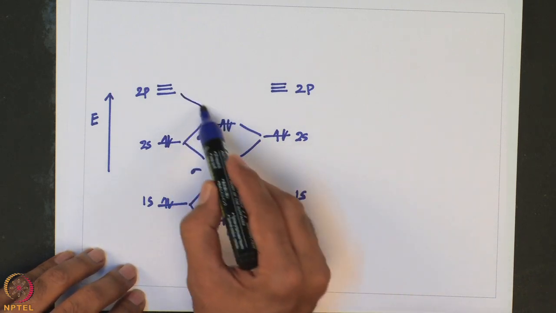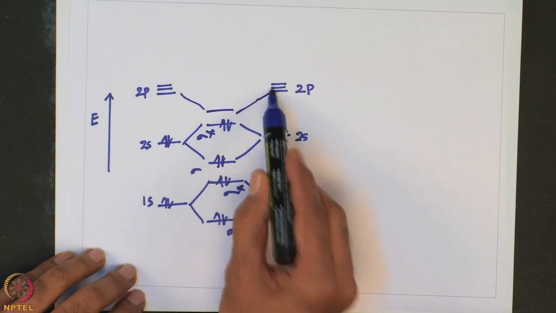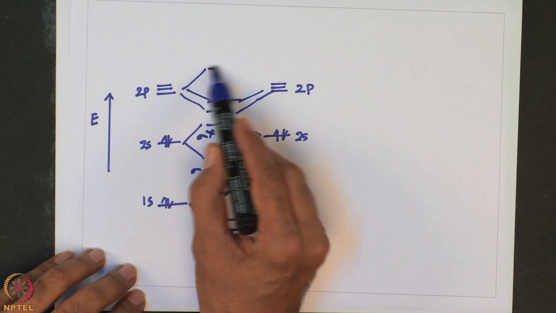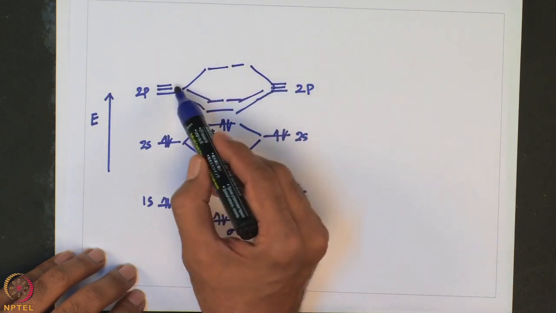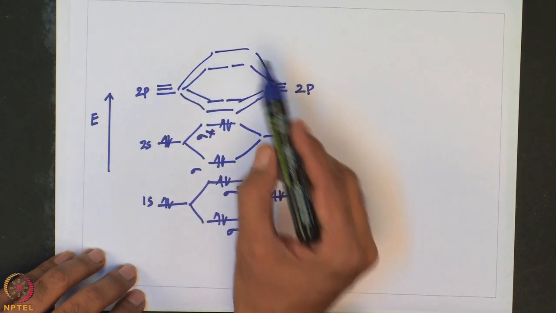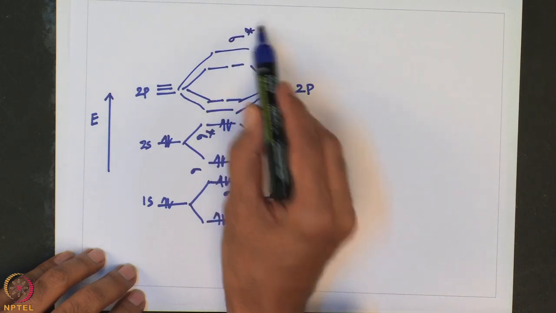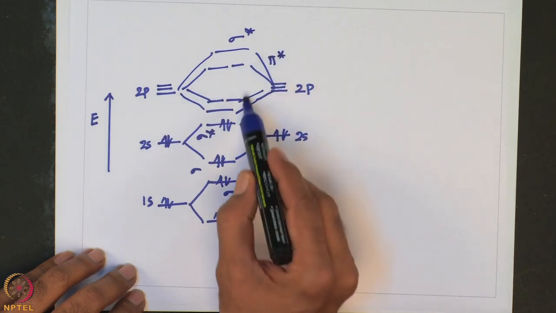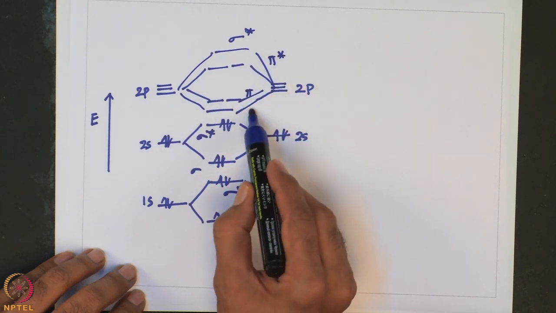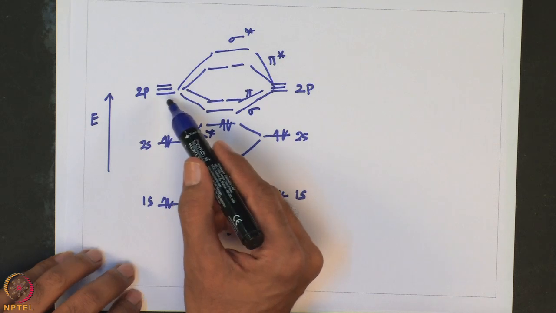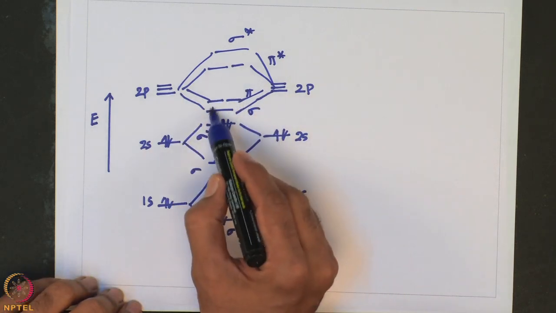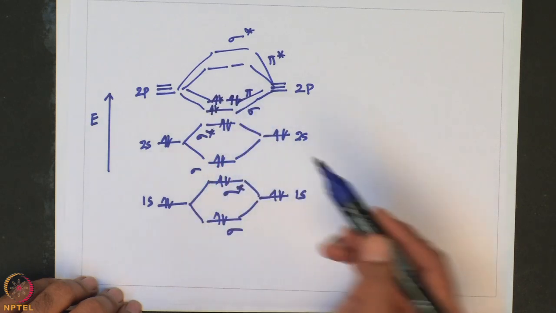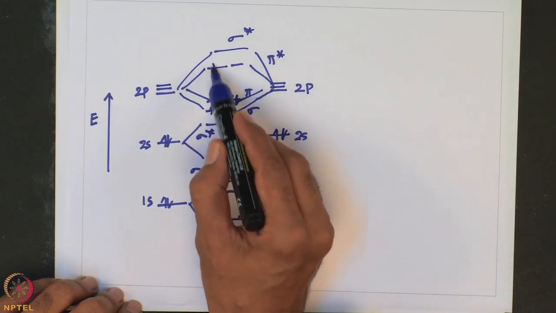So now what we have is sigma, pi, another sigma. So that is sigma star, here it is pi star, and here it is pi, and it is sigma. Now we have 5 electrons here, 1, 2, like this, and now another 4 electrons will come here.